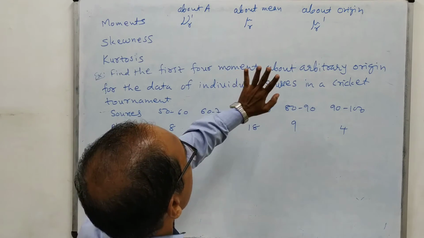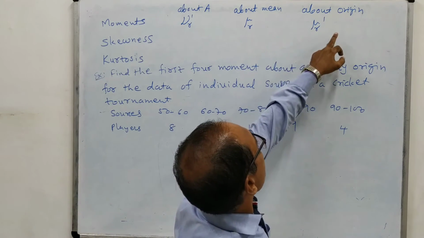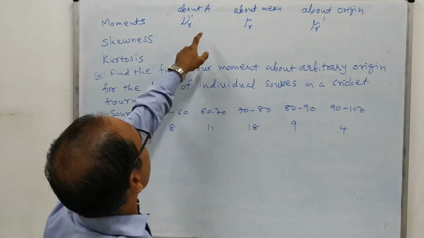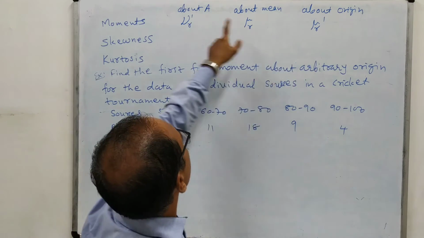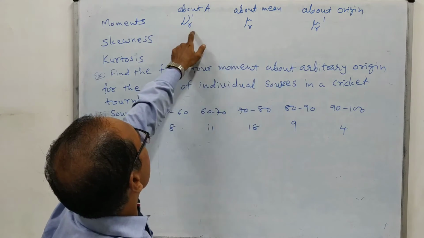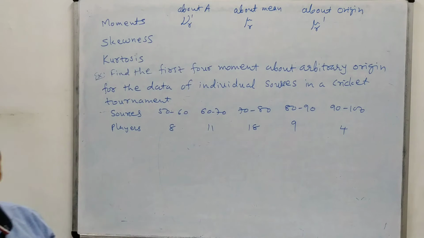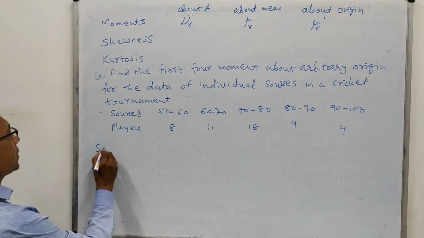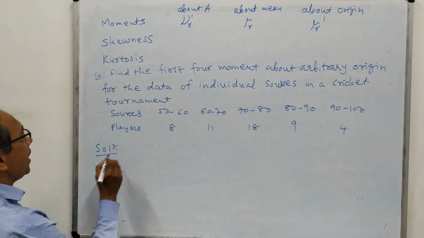Here arbitrary origin means this is different. This is about origin, that means we are considering capital A equal to 0 in that case. But here it is this case. We want to find out mu r dash. That means in the solution, first of all, we will write down the formula.